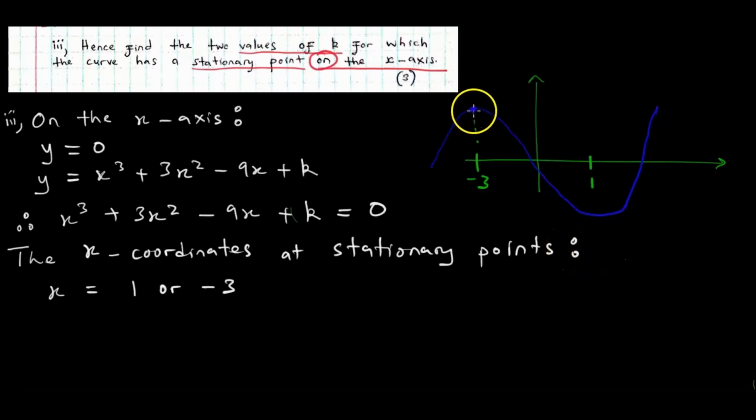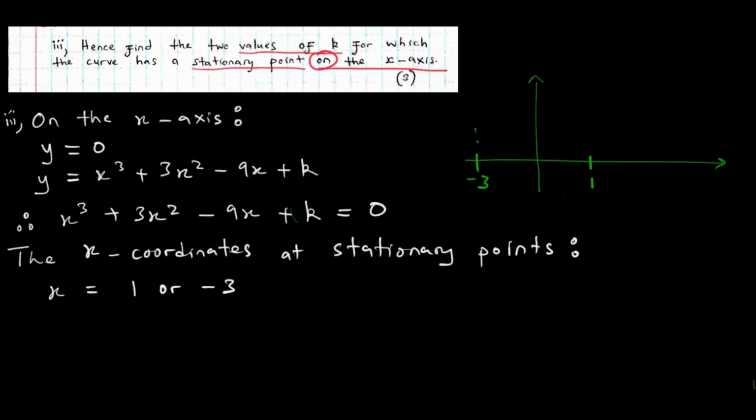Here it's a stationary point because it's a turning point. Then at 1 here it's also a stationary point because it's a turning point. So we are looking for the value of k when x is 1 or minus 3 because that is where our turning points are. I hope it makes sense.